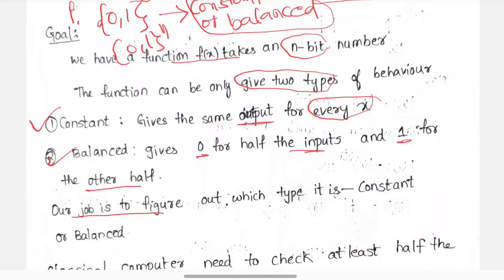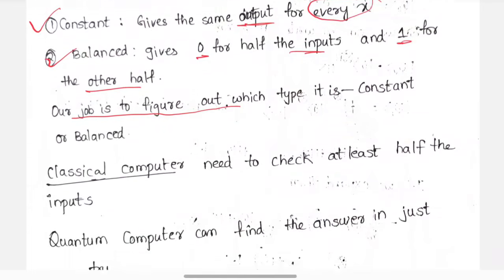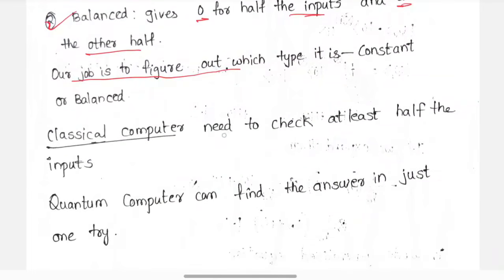Our job is to figure out which type the given function is. For a classical computer, we need to check at least half of the inputs to know whether the given function is constant or not.